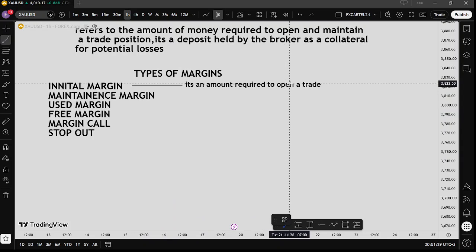So for example, $1 can't enter a standard lot. Why? Because it is low margin. But when you have, let me say, $50, you can enter because it is also part of the margin that is needed. However, if you have such a small amount, you can just increase the leverage so that it gives you power to be in a position to trade.